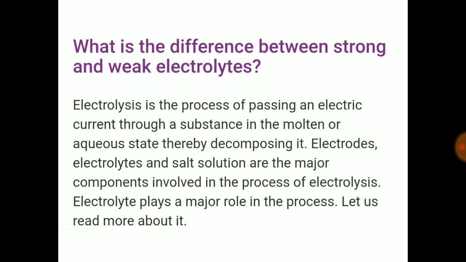We have already learned that in an electrochemical cell, current is passed through the electrolyte, and an electrolyte is simply a solution which contains ions, such as salts. Electrodes, electrolytes, and salt solution are the major components involved in the process of electrolysis.